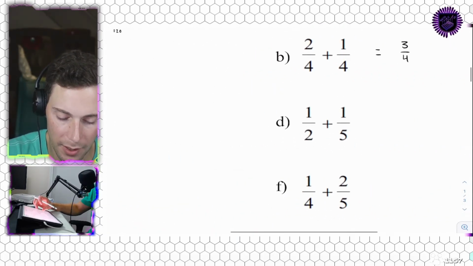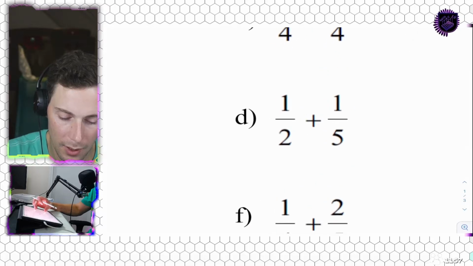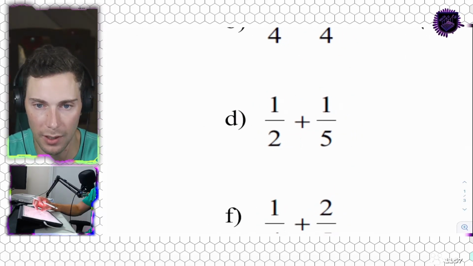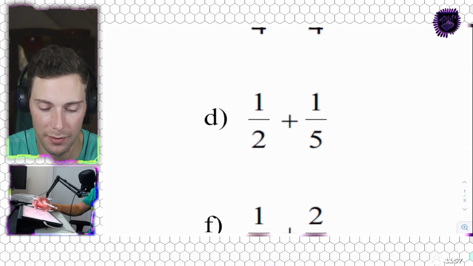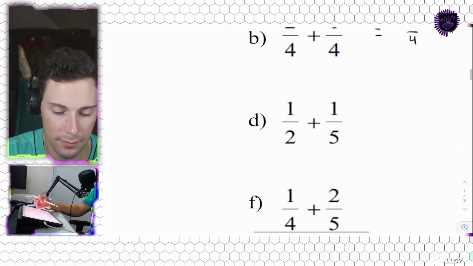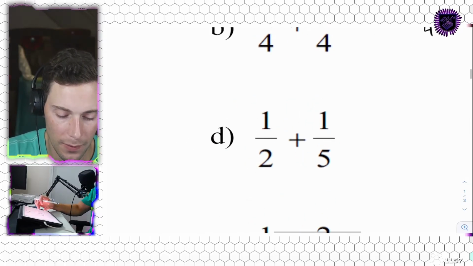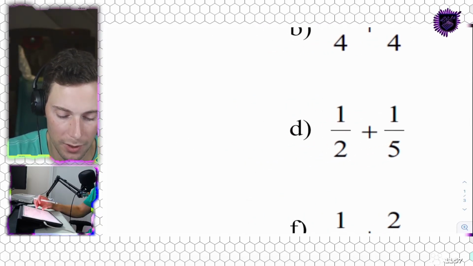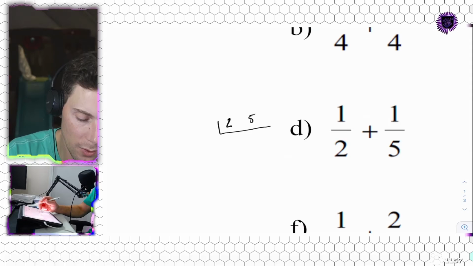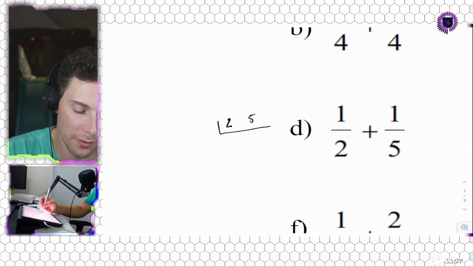We get to play this game again. Lowest common multiple of the denominators of this fraction. So what's the lowest common multiple of 2 and 5? There's actually no common factor of 2 and 5 other than 1.